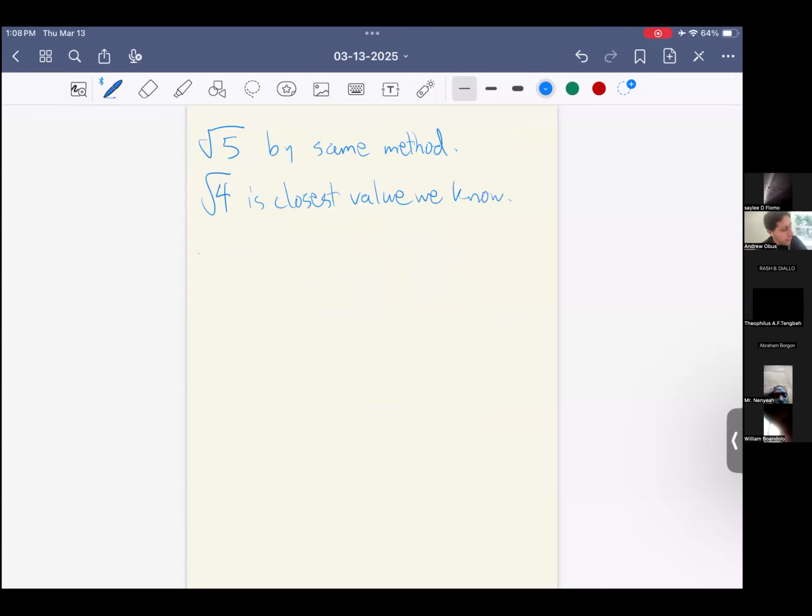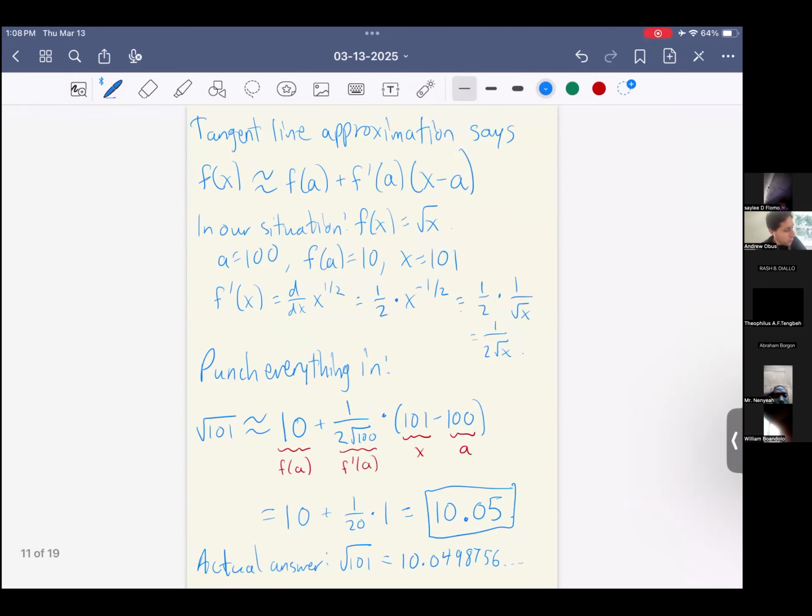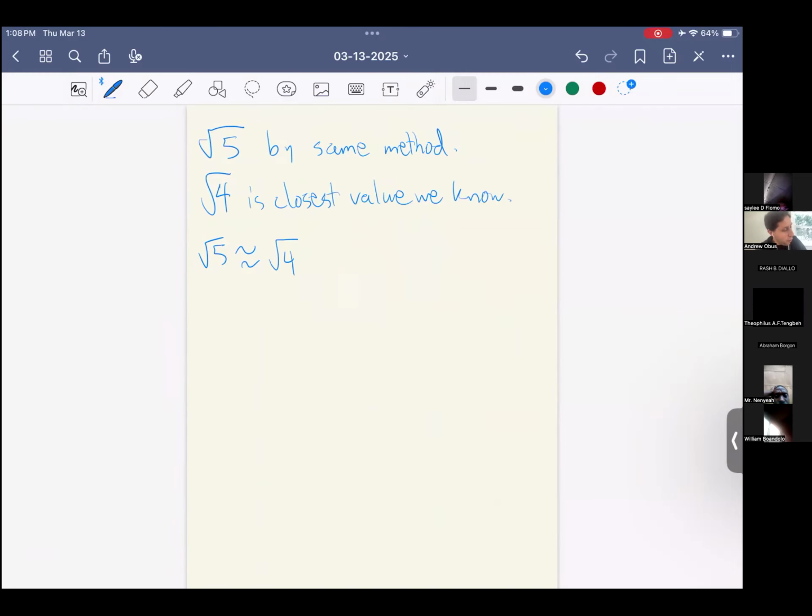So the square root of 5 is approximately equal to the square root of 4 plus 1 over 2 times the square root of 4, times 5 minus 4. It would be the exact same thing. This would be f of A, this would be f prime of A, this is our x, and this is A. When you evaluate this, it becomes 2 plus 1/4 times 1, which is 2.25.